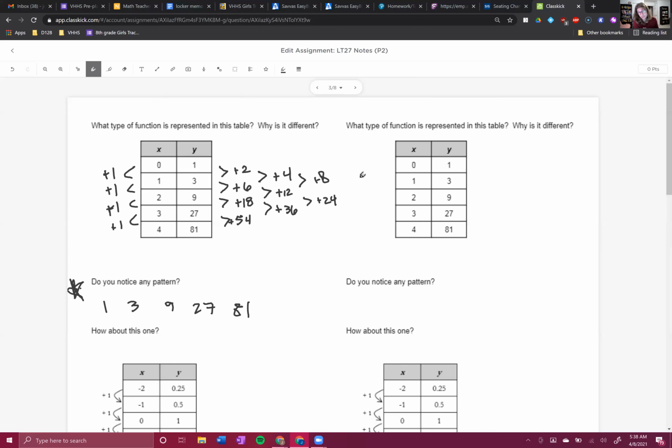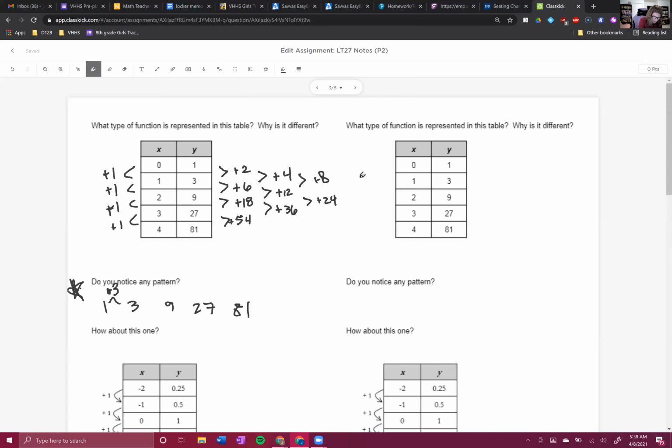My hope is yes. When you see 3 and 9 and 27 and 81, it's supposed to remind you of something. Well, I'll spoil it if you can't think of it. Another way to get from 1 to 3 that isn't adding is we can multiply. What if we multiplied by 3?